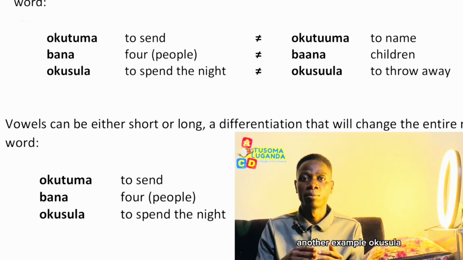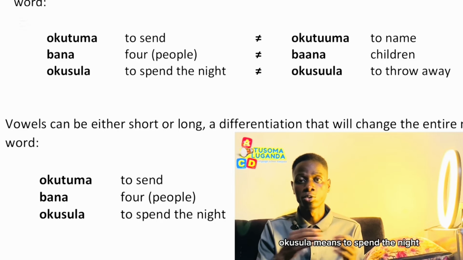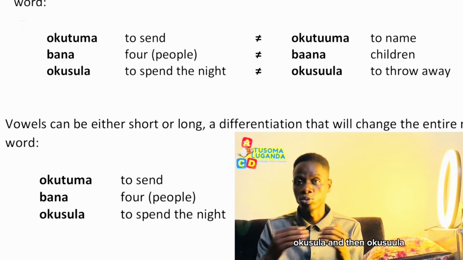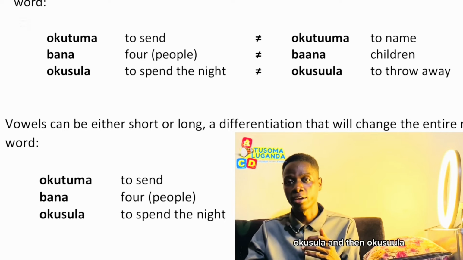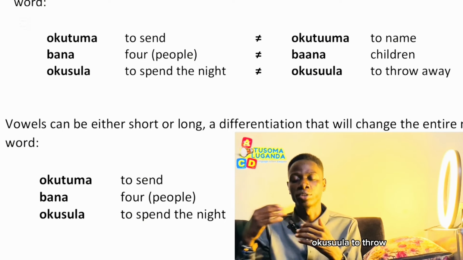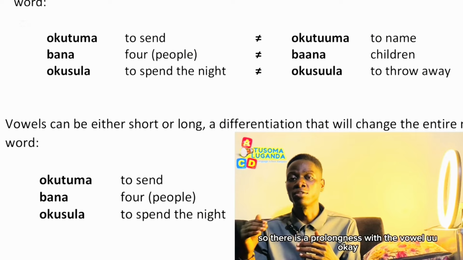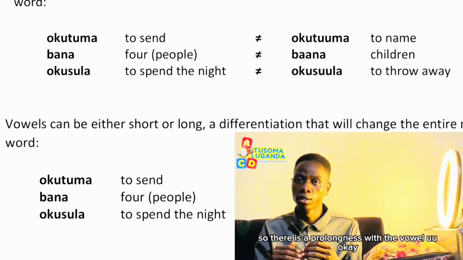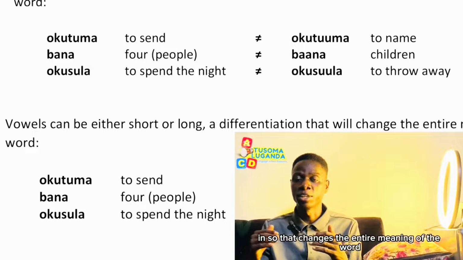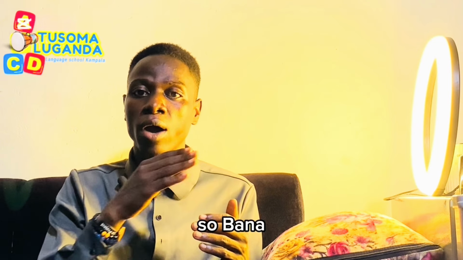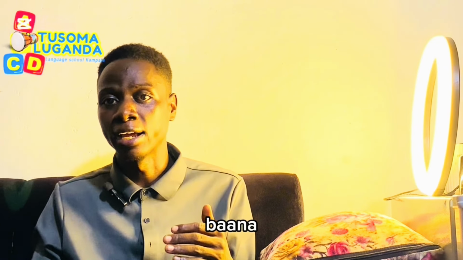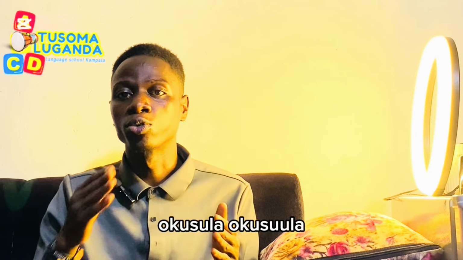Another example, okusula means to spend the night. And then okusuula means to throw. So there is a prolongedness with the vowel u. That changes the entire meaning of the word.